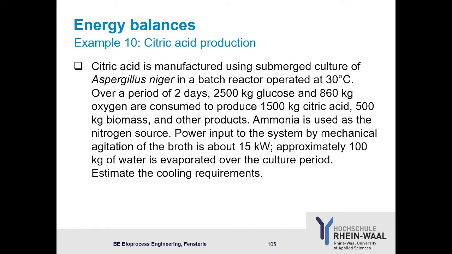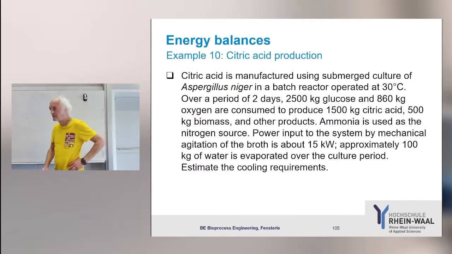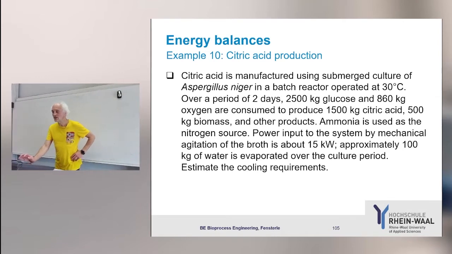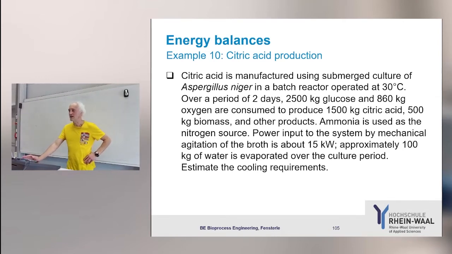Okay, here we are. As a reminder, that was the exercise. Citric acid is manufactured using submerged culture of Aspergillus niger in a batch reactor operated at 30 degrees over a period of 2 days. 2,500 kilograms glucose, oxygen, and so on are consumed to produce this and that.